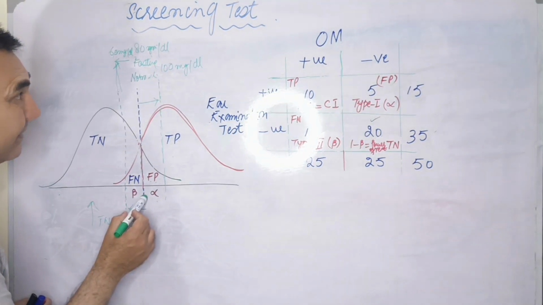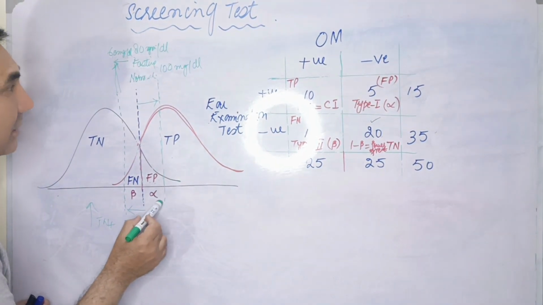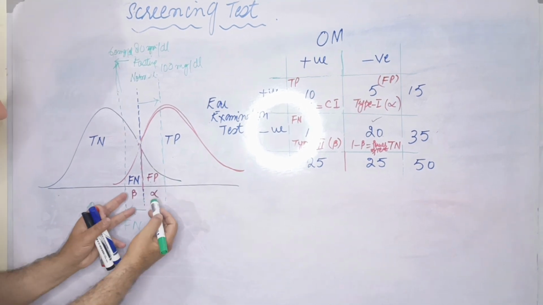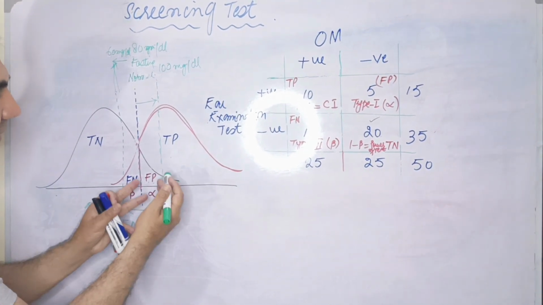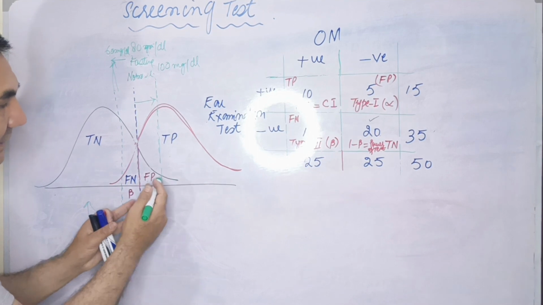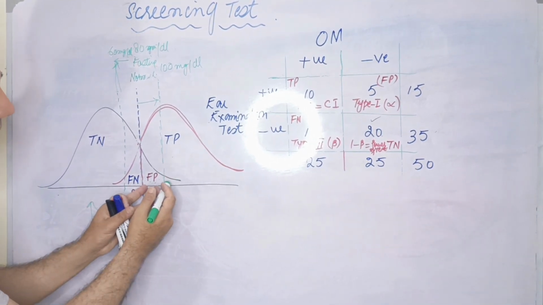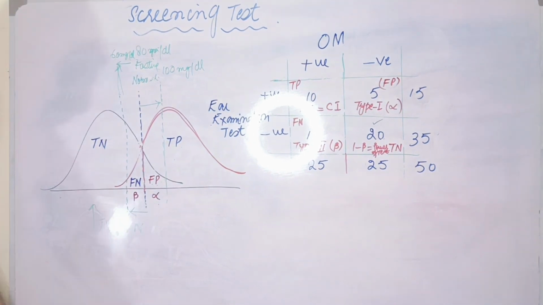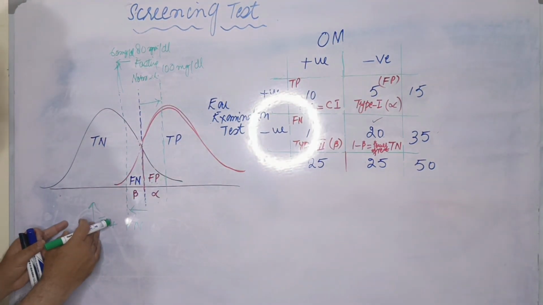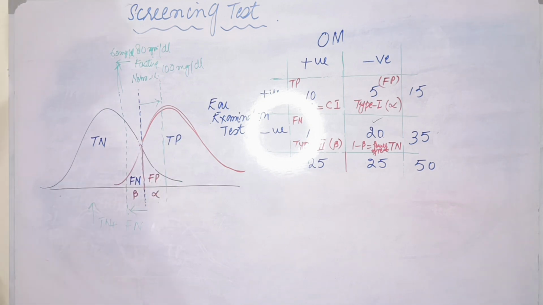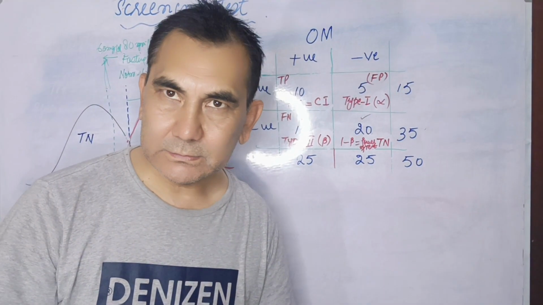When you increase the cutoff value of the test, you decrease the false positive and true positive people. When you decrease the cutoff value, then you will increase the false positive and true positive people.